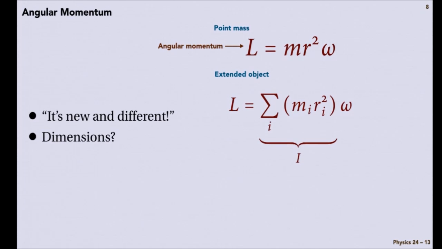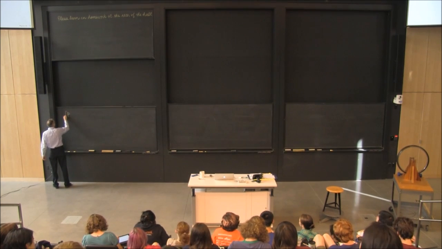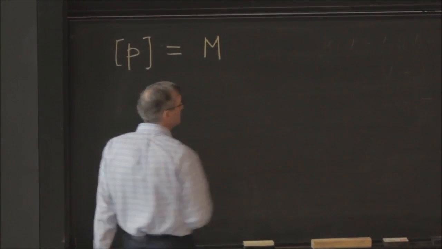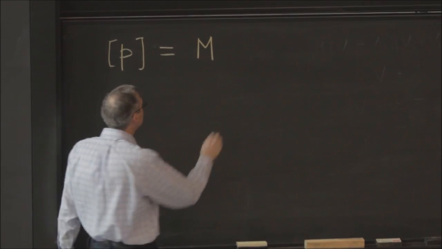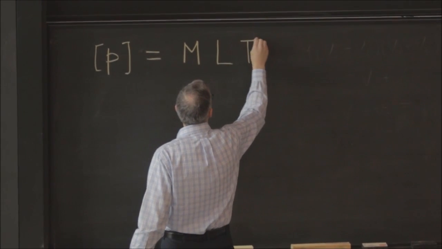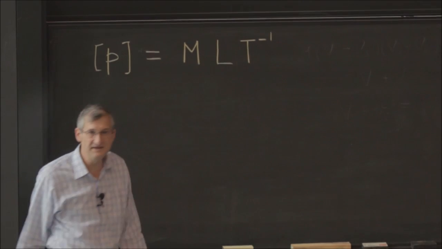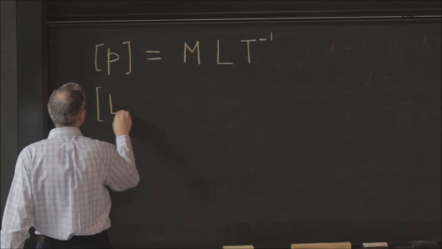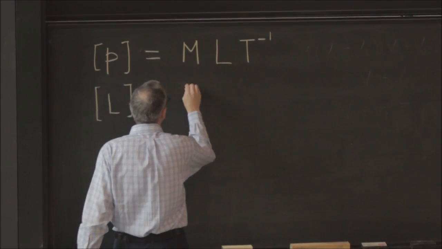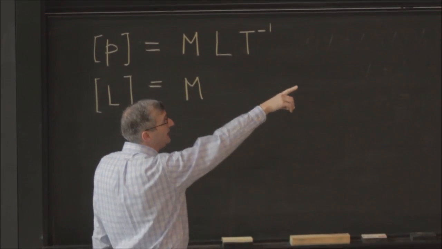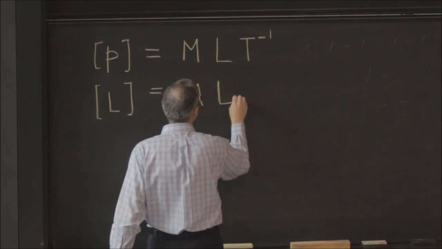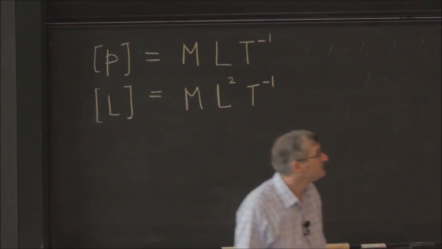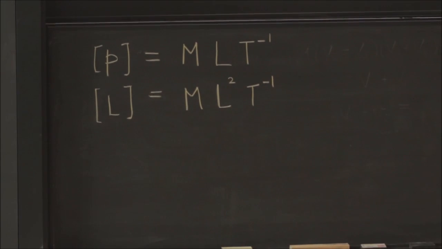Momentum is mass length per time, because it's mv. Angular momentum has one power of mass, two powers of length, and one inverse time from the omega.